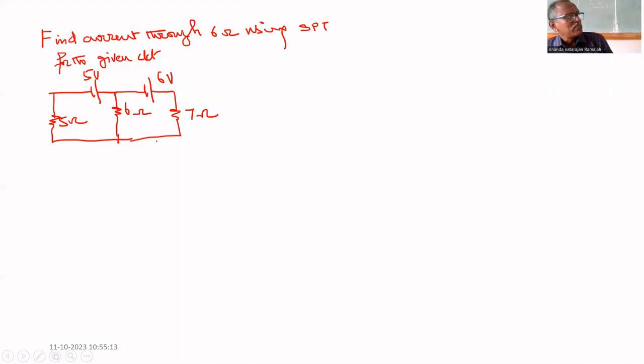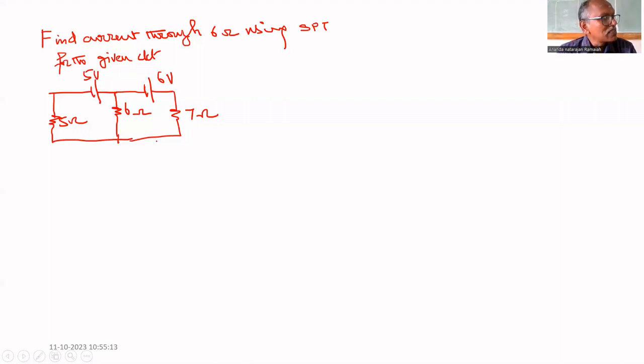What does the superposition theorem say? Current through any branch is equal to the sum of the responses for each source acting separately, while other sources are replaced by their internal impedances.